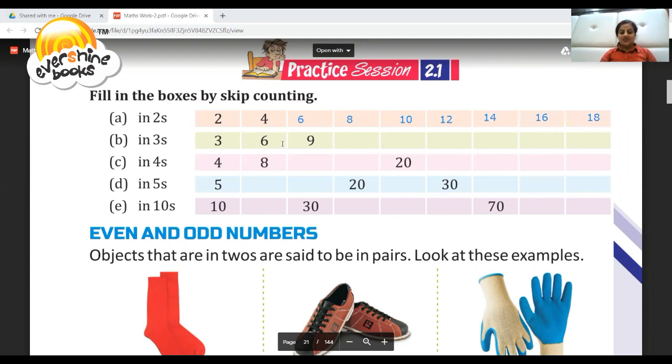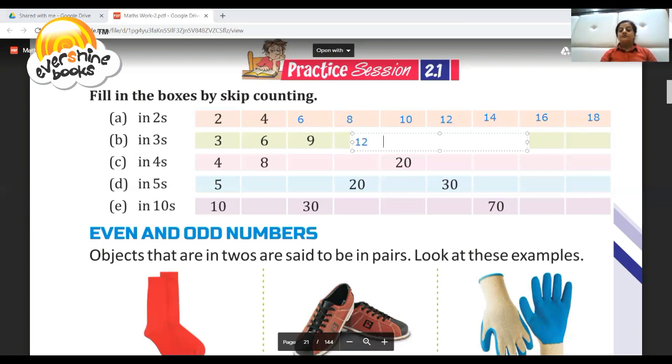Okay. Next is 3, 6, 9. It means it is skip counting in threes. 4, 5 left out. 6 is written. 7, 8 left out. 9 is written. Now 10, 11 left out. 12 is written.